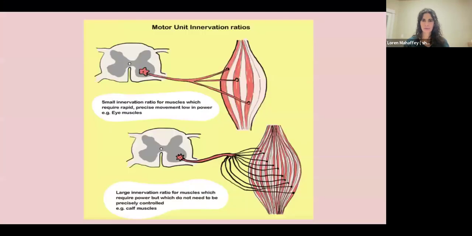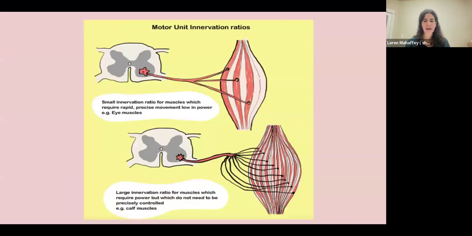So we have small motor units and large motor units. The size of a motor unit correlates with the function of the muscle.